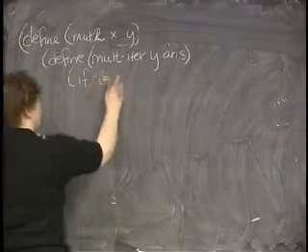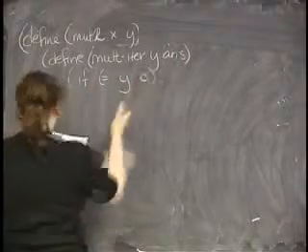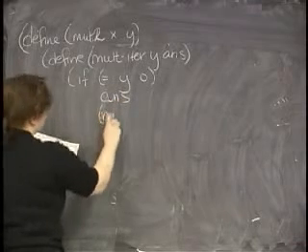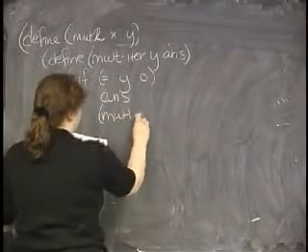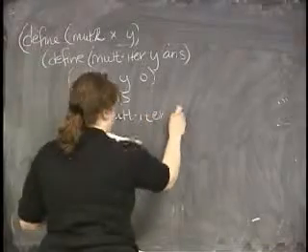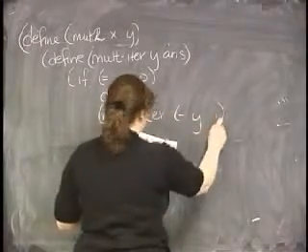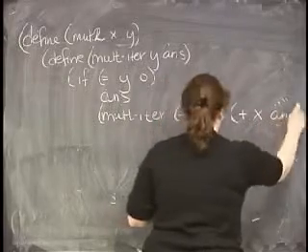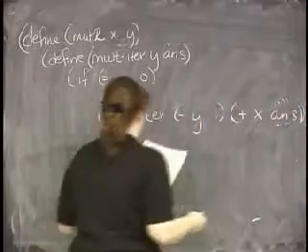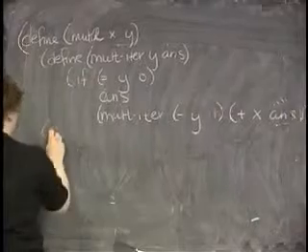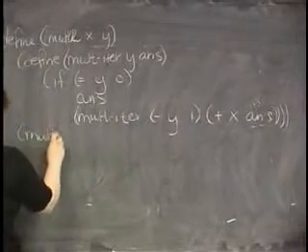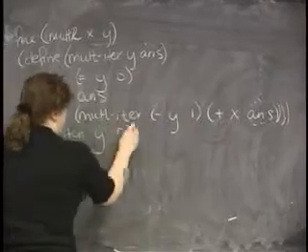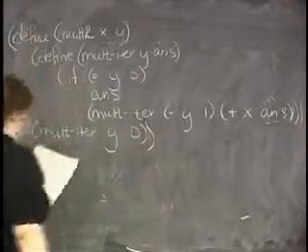If y is equal to 0, we return answer. Otherwise, we call mult-iter on y minus 1 and add x to our answer. And then make a call to mult-iter with y and 0.